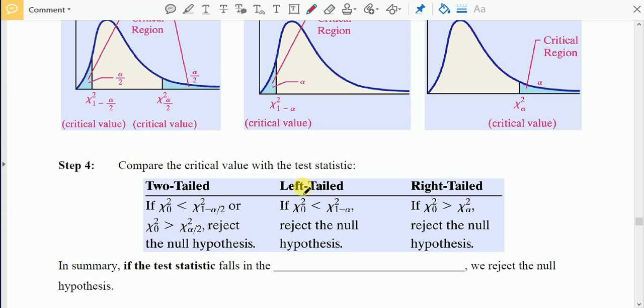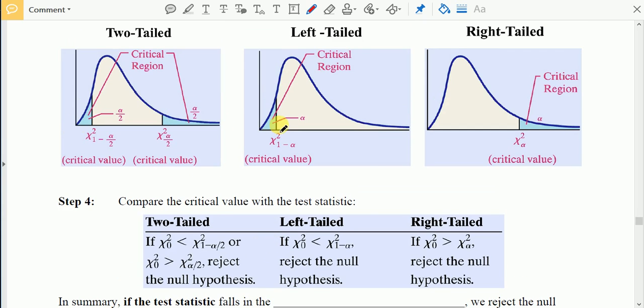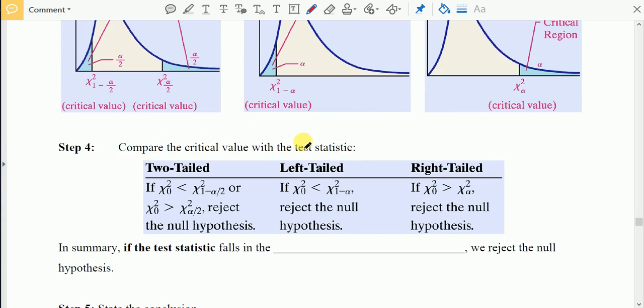Or for the left tail, if it's less than this value here, then we reject. Or if it's bigger for the right tail, then we reject. Or in other words, if the test statistic falls in the critical region, which is one of these areas, then we reject the null hypothesis.